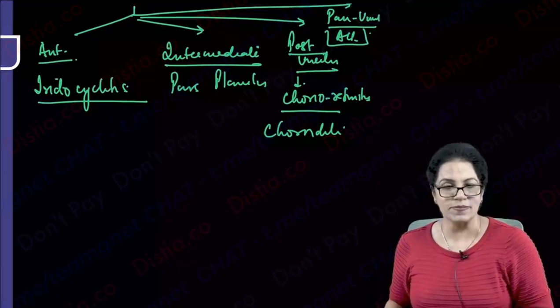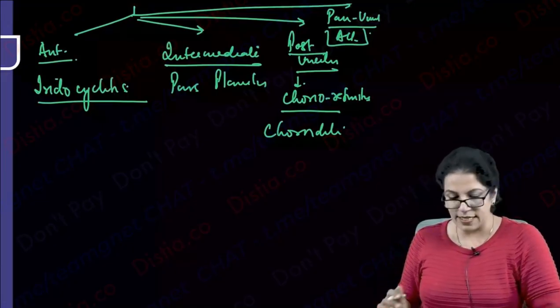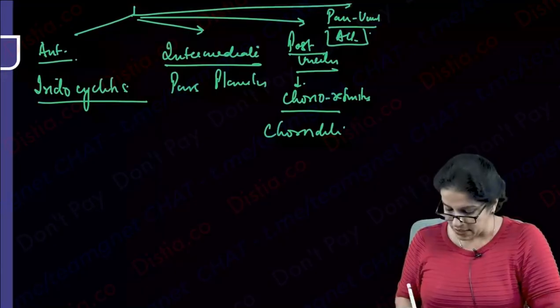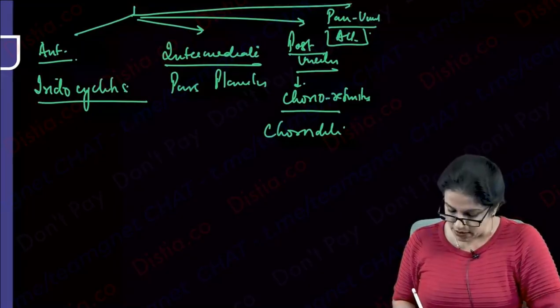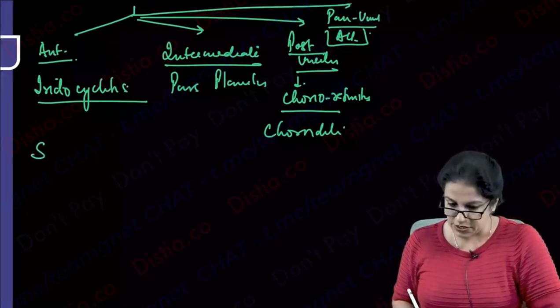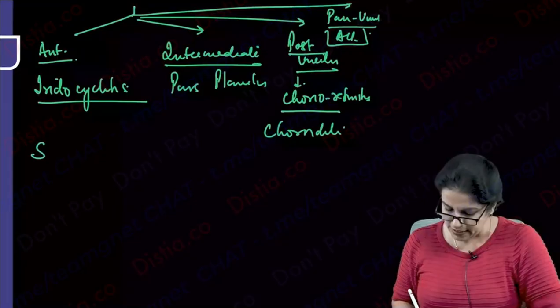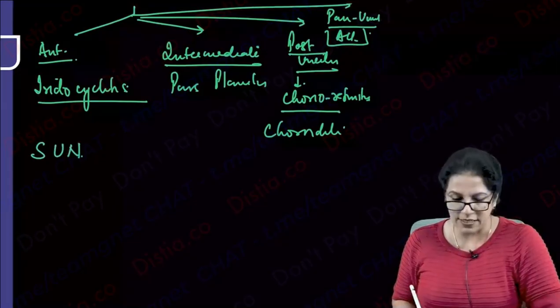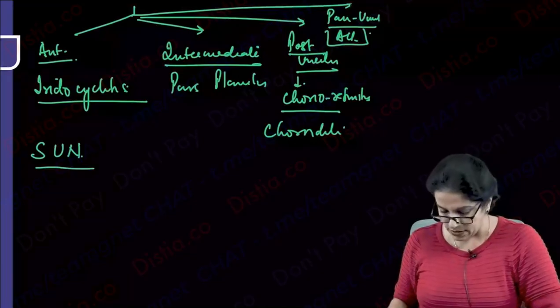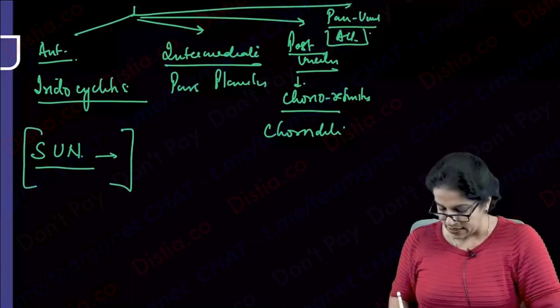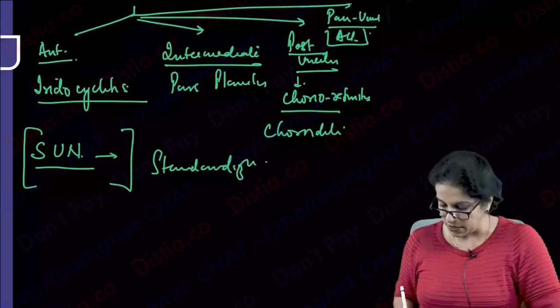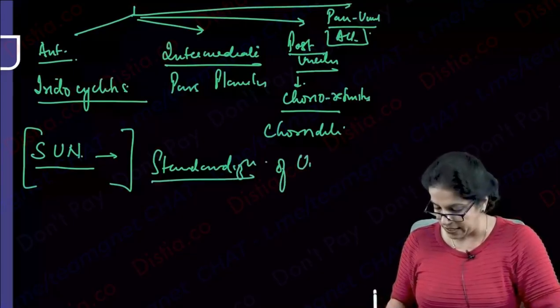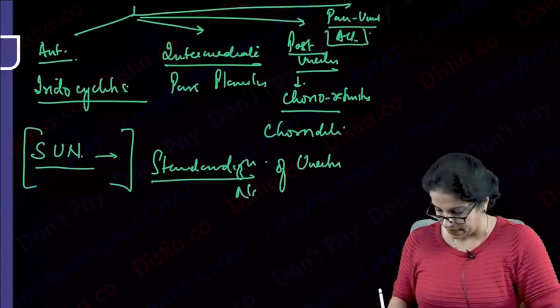Simple? Okay. Now this anatomical classification which you are studying is according to the standardization of uveitis nomenclature. We call it SUN.